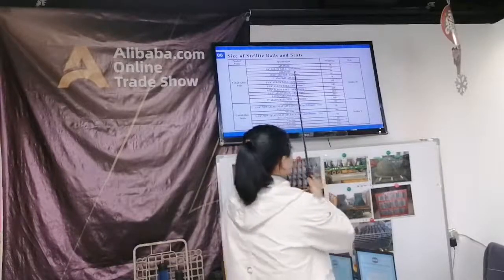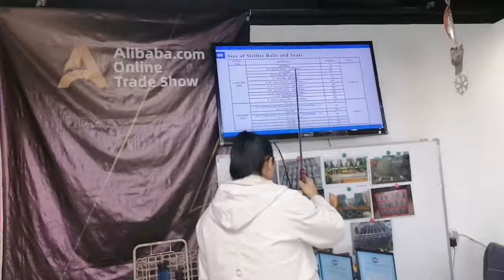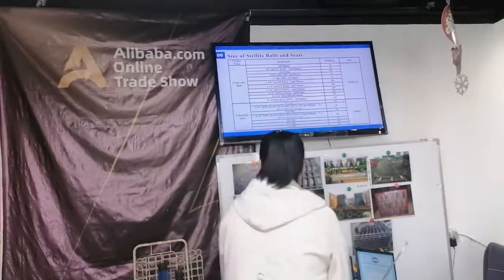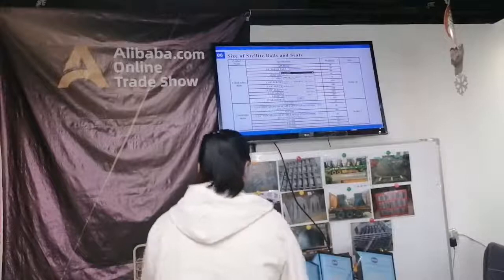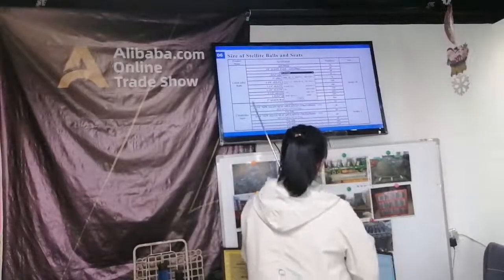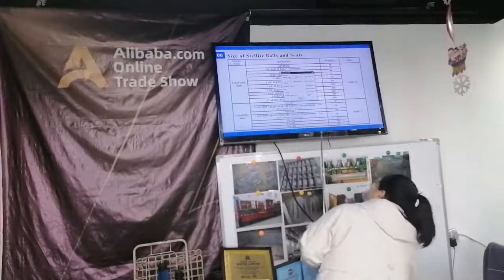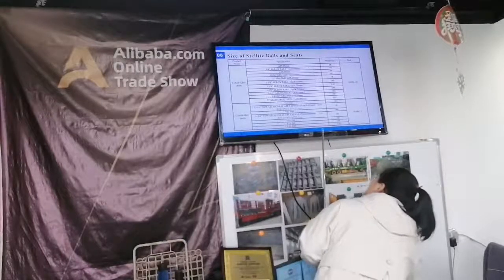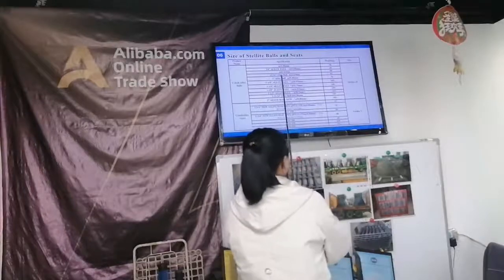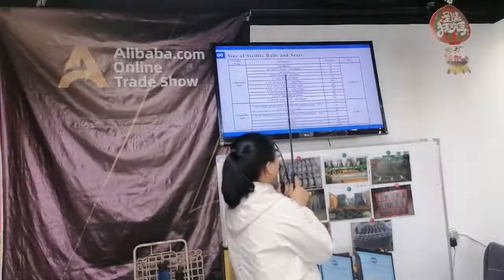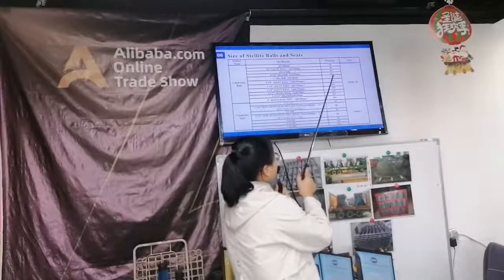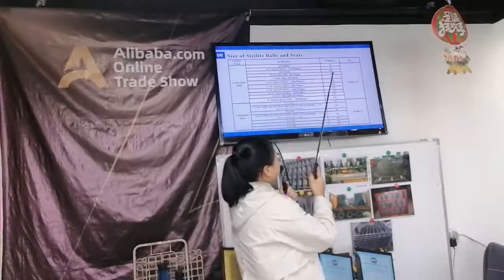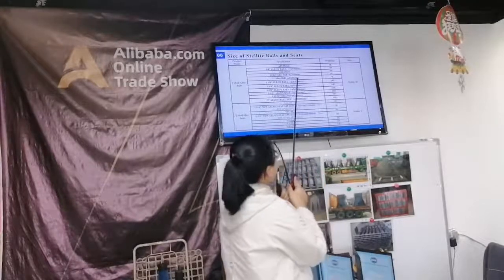Diameter 19.05 mm, the unit weight is 45 grams. Diameter 22.23 mm, the unit weight is 50 grams.